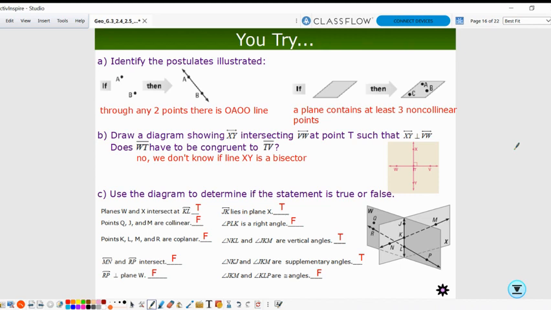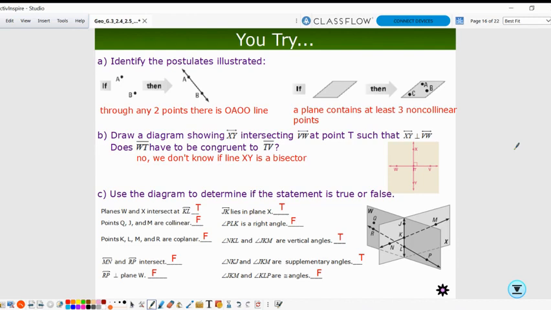Example A, through any two points there is one and only one line. If a plane contains at least three non-collinear points, is our second one. Draw a diagram showing that WX intersects VW at point T such that X, Y, VW are perpendicular.